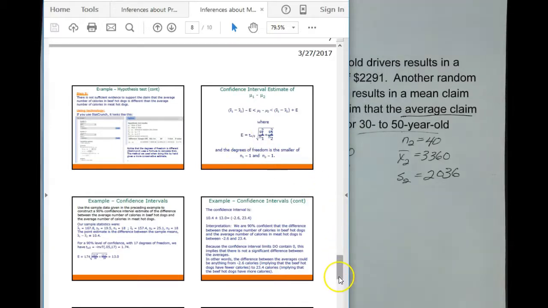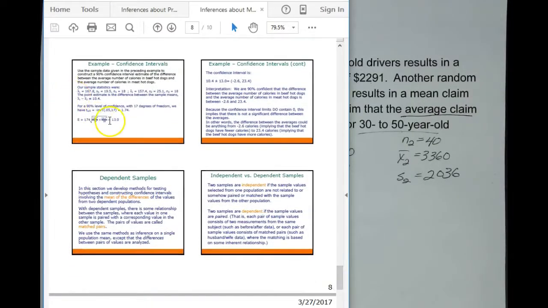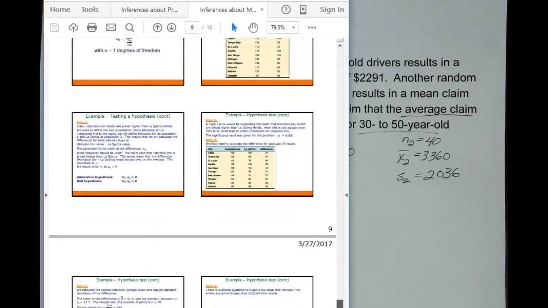So again, just be sure and have all those pulled up so that you don't have to look for them very hard. And like in this one, there's an example of finding the confidence interval. So you could even kind of follow through the example to do a problem on the test. And this has some other stuff about the dependent versus independent samples to help you with that.